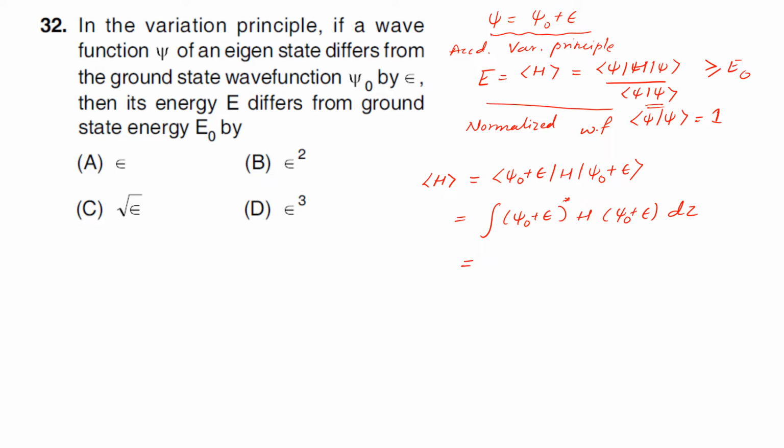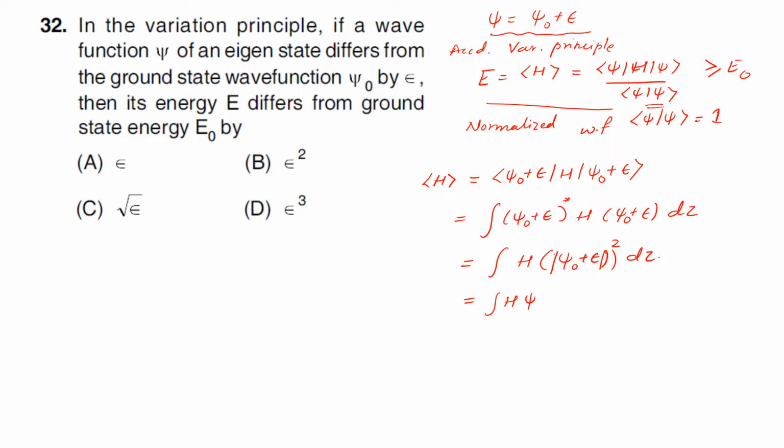So here the integration of H into (psi naught plus epsilon) whole square d tau. You can consider this as amplitude whole square.